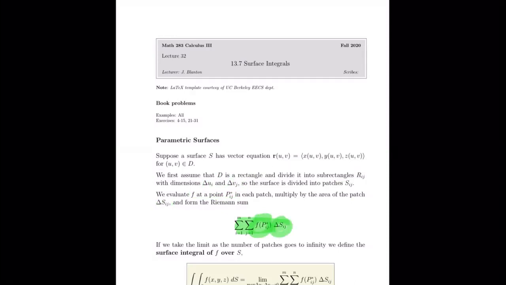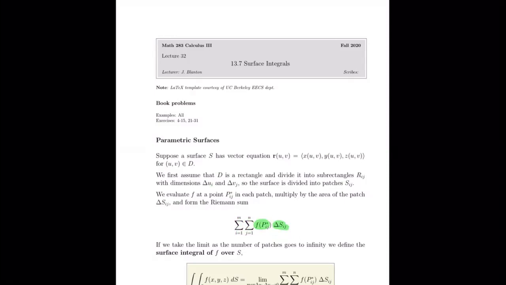Okay, so everything is parameterized underneath in terms of u and v. And what we're essentially doing is kind of similar to a line integral, where this would have been some section of the curve that we're evaluating our function over. Now it's some section of the surface that we're evaluating our function over.